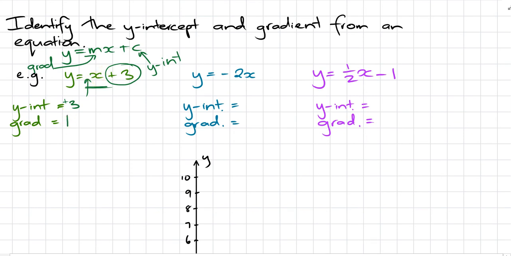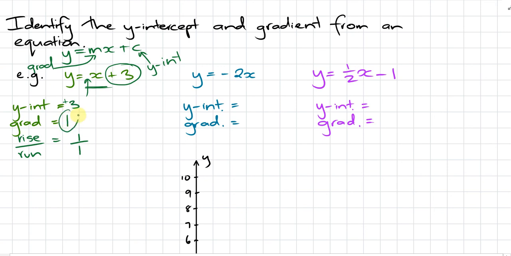When you've got just a single x value, there's like an invisible 1 in front of that x, so the gradient is 1. Now if we were to change that gradient into rise over run, that is, the change in y over the change in x, that would be 1 over 1.